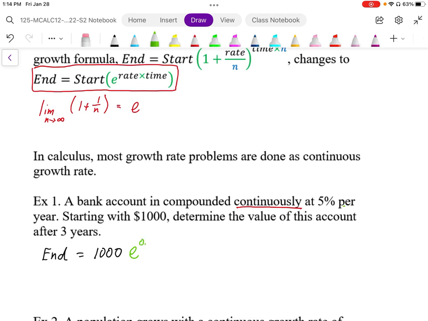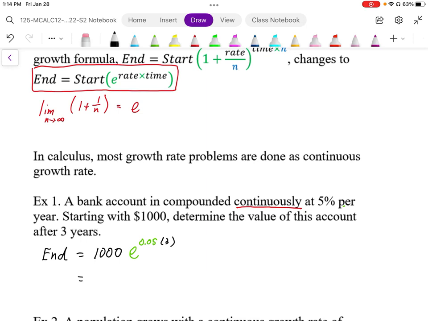So we use our rate as 0.05. Okay, and then our years, the 3 years, is times 3, or our time. So this then becomes our continuous growth rate expression. So we then just apply this expression. So we have 1,000 e to the power 0.05 times 3.